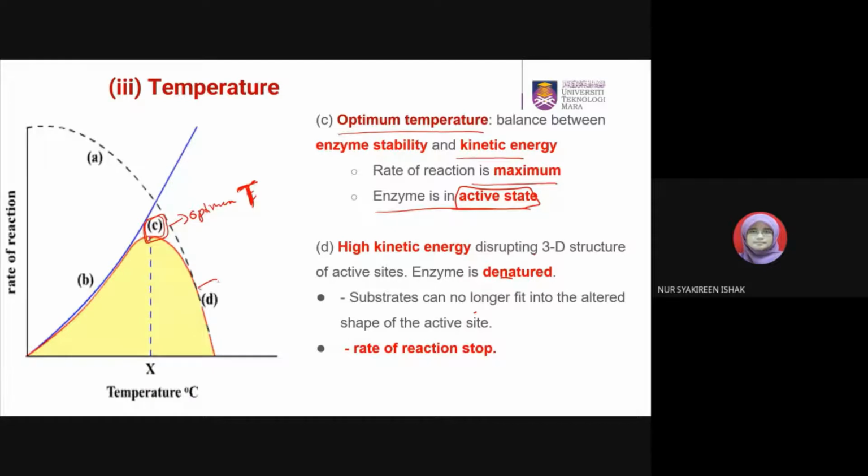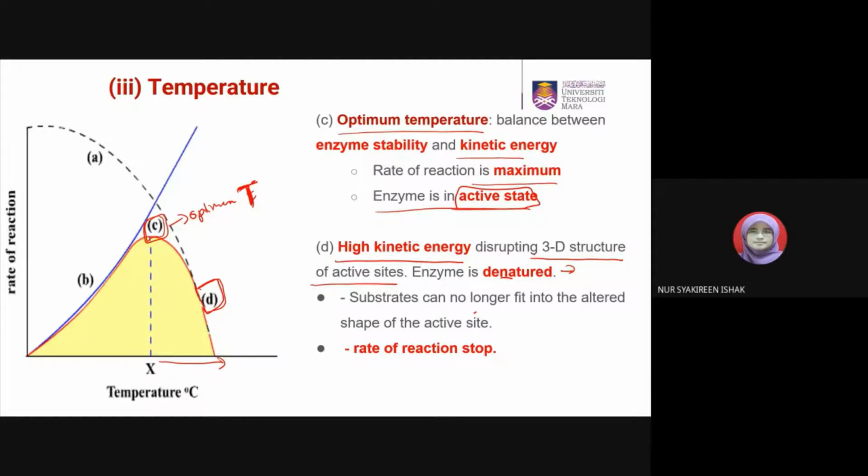Okay, point D, if the temperature goes beyond the optimum temperature, the kinetic energy will be higher and cause the molecules within the enzyme to vibrate vigorously and can disrupt the 3D structure of the enzyme. The enzyme is now denatured, so the enzyme loses its globular shape, its specific shape.